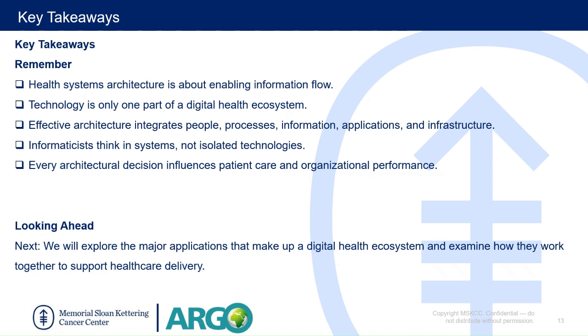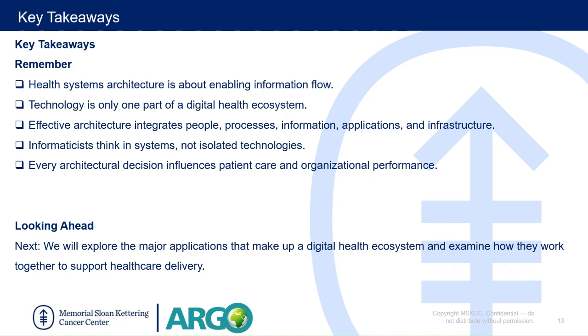So for this segment, we have a few key takeaways. Remember that health systems architecture is about enabling information flow. I'm sorry, technology is only one part of it, right? Remember, we have people, we have processes.